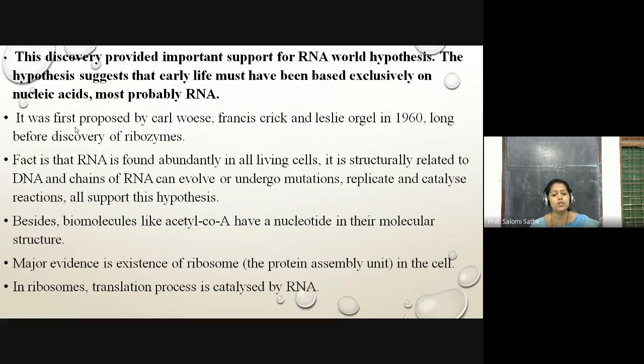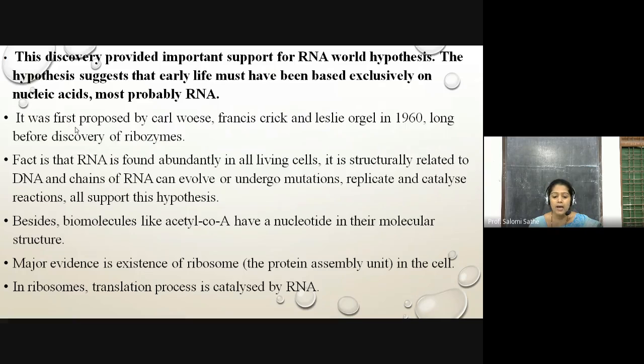The hypothesis suggests that early life must have been based exclusively on nucleic acid, most probably RNA. It was first proposed by scientists in 1960, long before the discovery of the ribozyme.